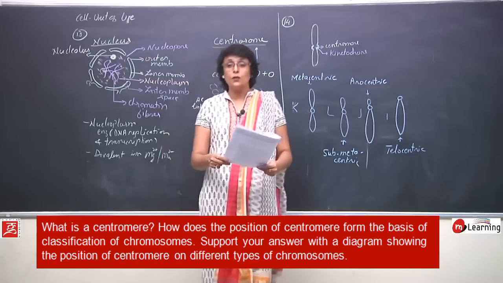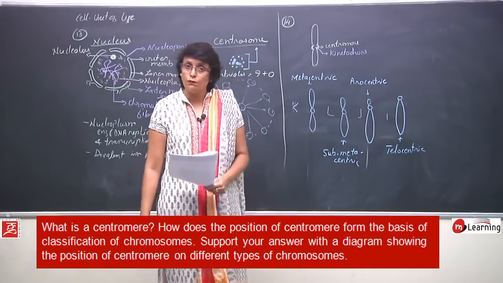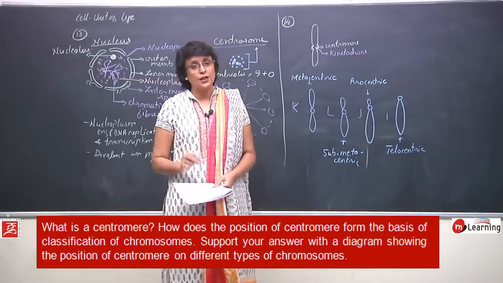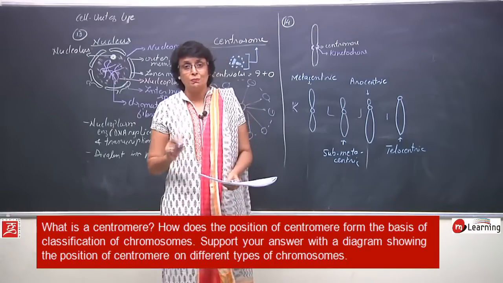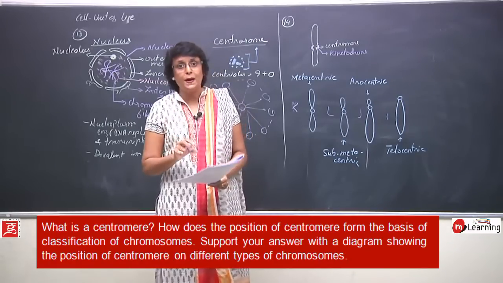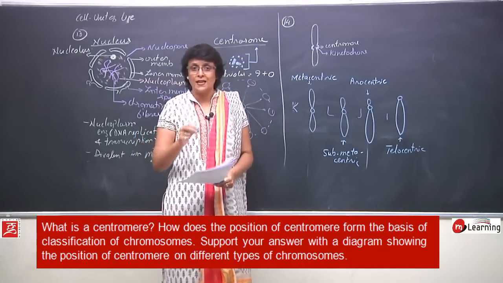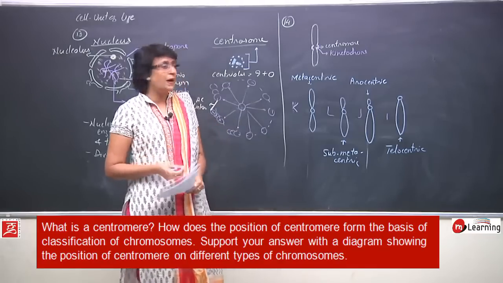So there were 14 questions after this chapter and we have discussed all 14. While writing the answer, keep 2-3 things in mind. Number one, if a question has multiple parts, answer all the parts individually, maybe in different paragraphs or different lines, so that you are able to score for each and every part.